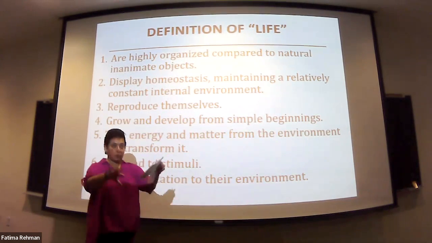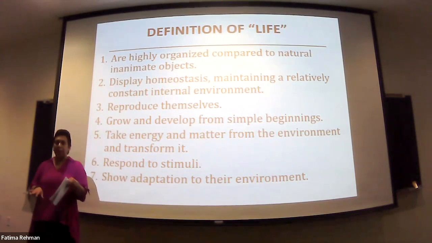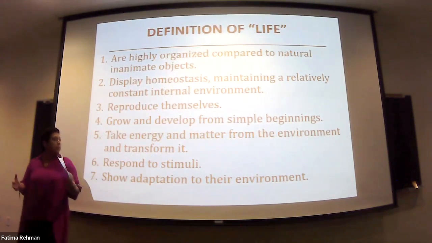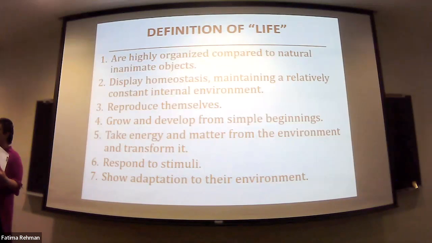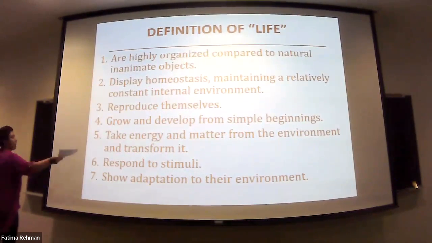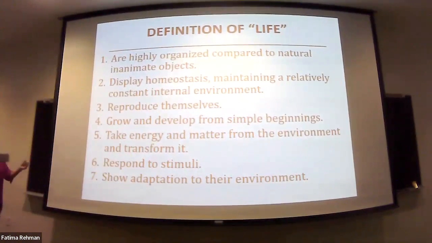So they need to utilize whatever energy source is available, whatever environment they're in, to get energy so that they can continue to survive. And for that purpose, they need to be able to take the matter around them and break it down, or do whatever they need to do in order to transform it into energy.